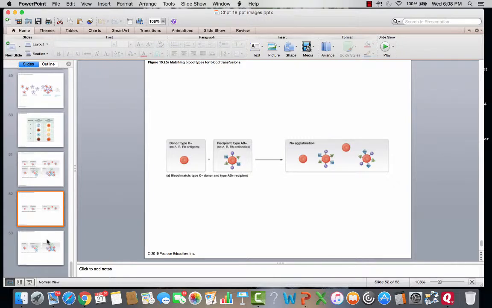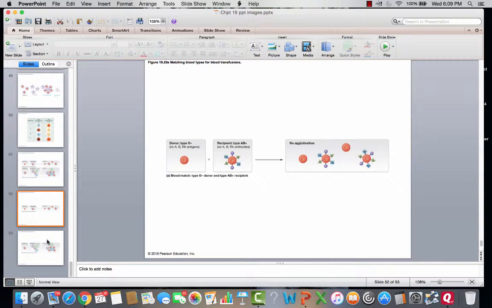This comes into play when we talk about donating blood. It also comes into play when mothers give birth to their children. If we have an Rh negative mother and an Rh positive father, we have to make sure that we prevent the mother from producing the anti-Rh antibodies. We administer something called RhoGAM, which is a big, huge dose of the anti-Rh antibodies, when the mother gives birth.